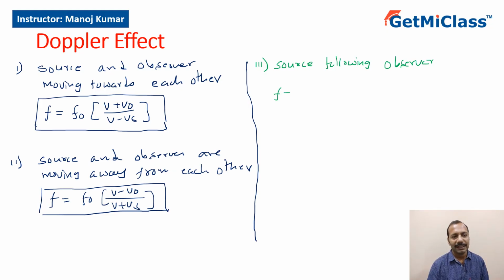So the apparent frequency is f naught into, the motion of the observer is increasing the separation so a decrease in frequency, and the motion of the source is decreasing the separation so an increase in frequency, so minus vs. So the motion of the source results in an increase in frequency, so the denominator decreases, and the motion of the observer results in a decrease in frequency, so the numerator decreases.